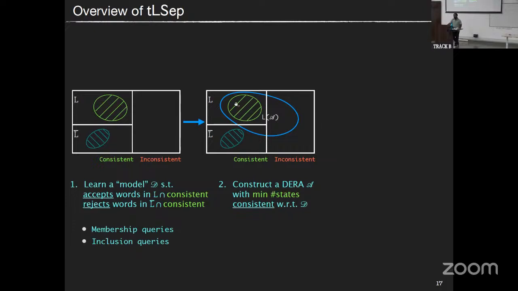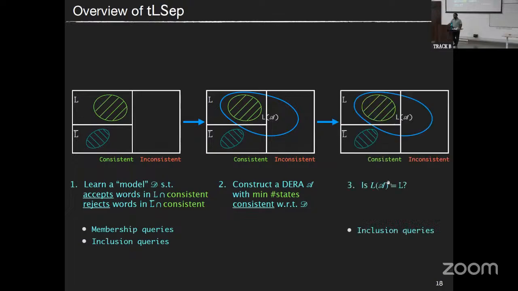So what I mean is that everything in this green part is also getting accepted in my DERA, and everything which is in the gray part is outside L. Then I'll ask the teacher whether this is my correct DERA or not. If yes, then good. If not, then the teacher will say, oh, look, this is a counterexample because this is in L, but this is not getting accepted in your automaton.